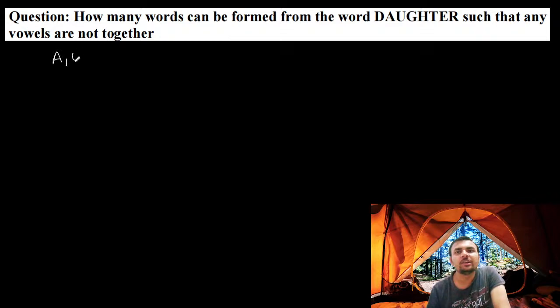A, U, E. And the consonants are D, G, H, T, R. So if we keep vowels together, first we do all the arrangements, which is 8 factorial, minus when all vowels are together, which gives 6 factorial into 3 factorial. This is the answer. Simple.